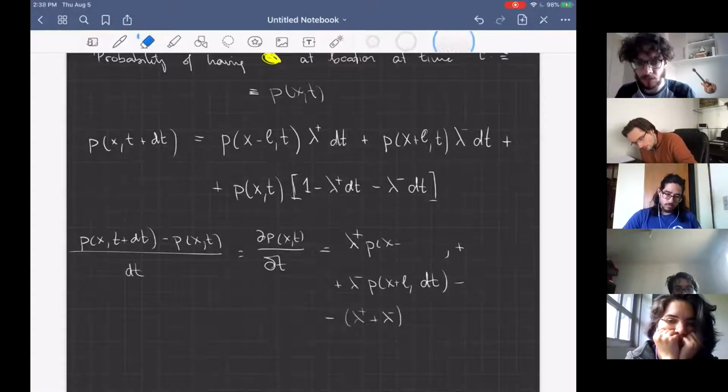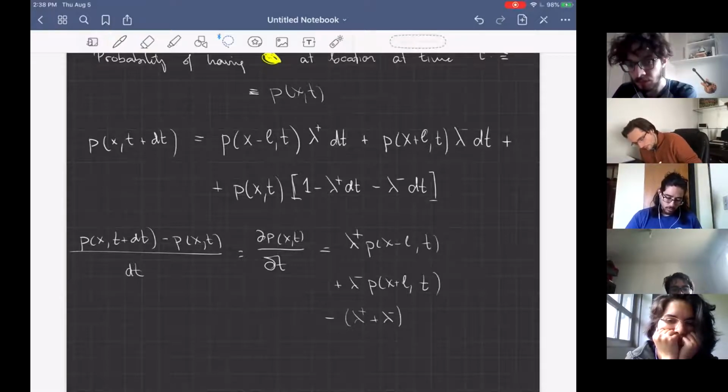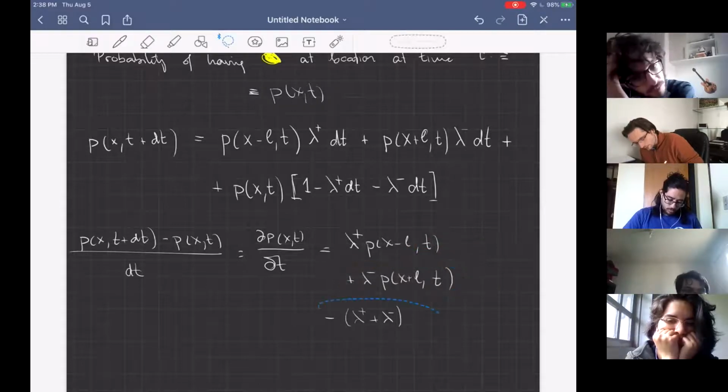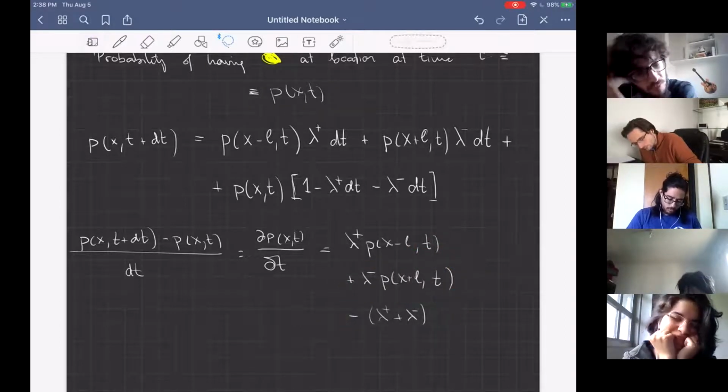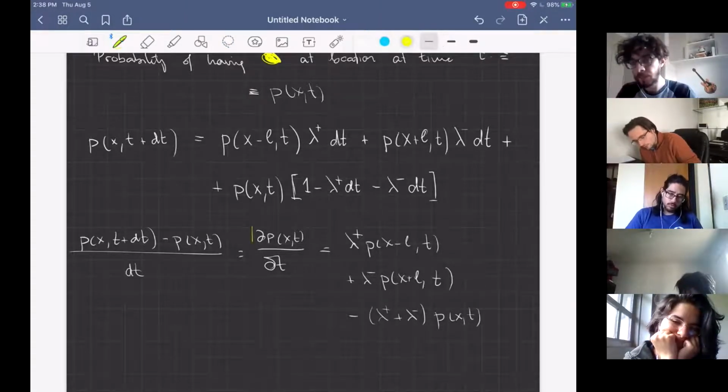Sorry, this happens when you write fast. This is at time t, I can move this up. Anyway, stay. So basically the same thing we did to obtain the master equation.